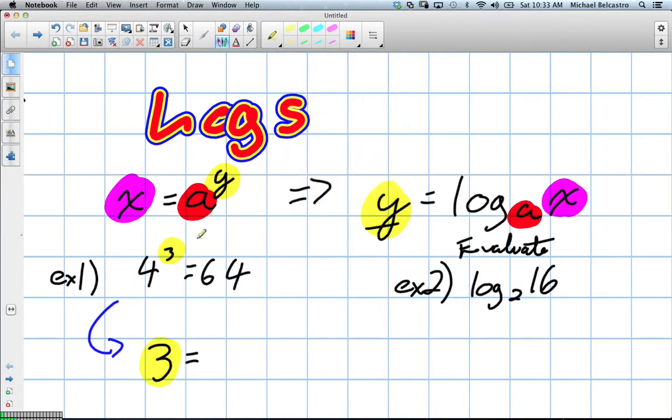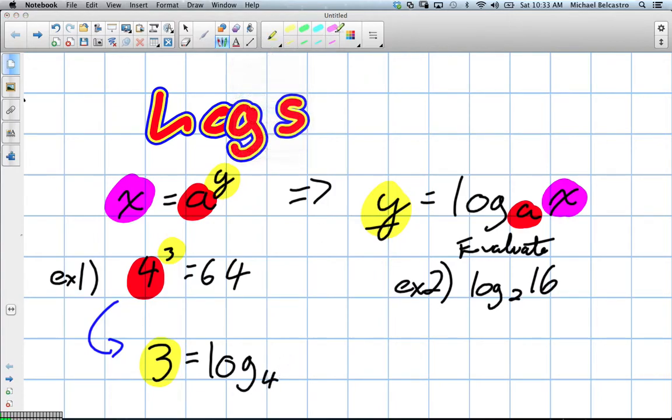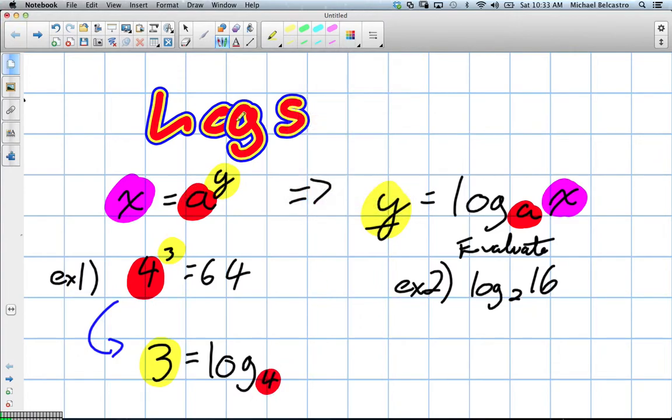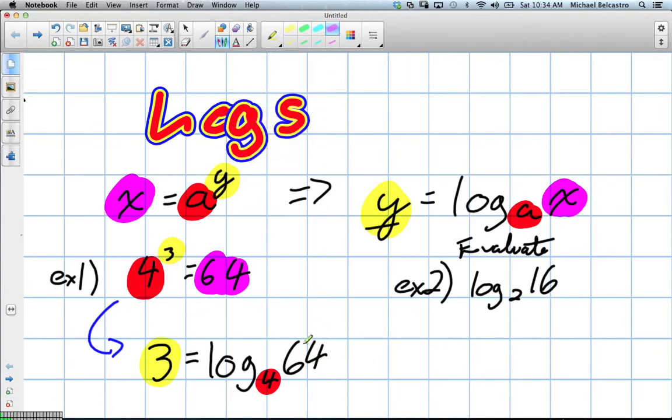Our base in this case is going to be the base of this exponent, which is the number 4 here. So we're going to have a log base 4. So we set base 4. There it is. And finally, our value in the log is actually the answer of the exponent, so 64. So it's going to be the power of the value of 64 in this case.